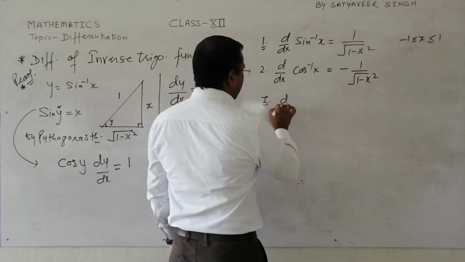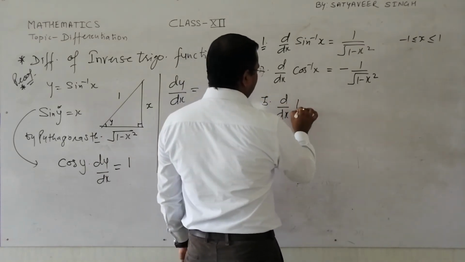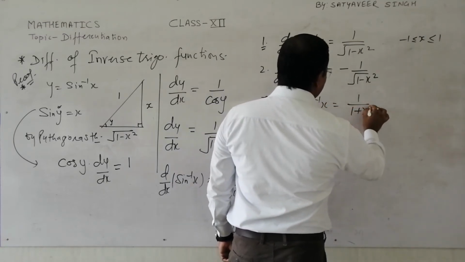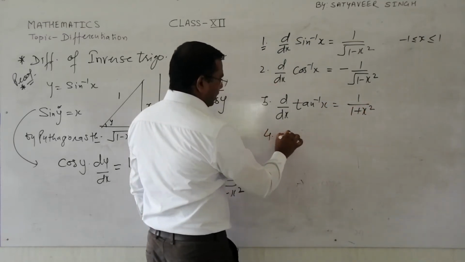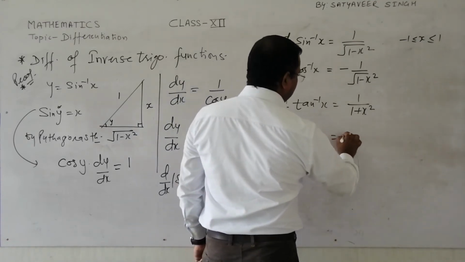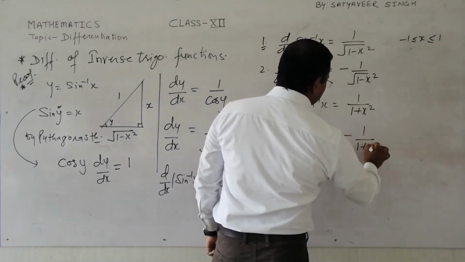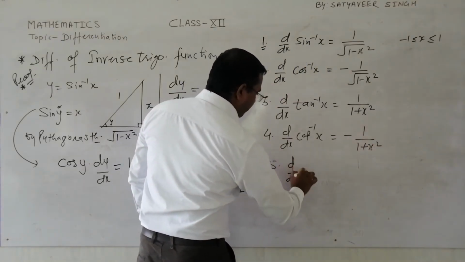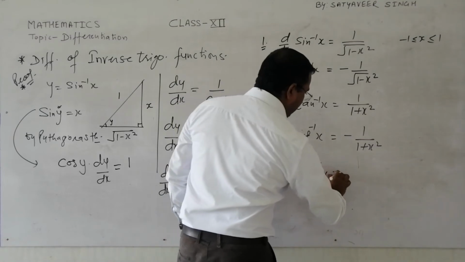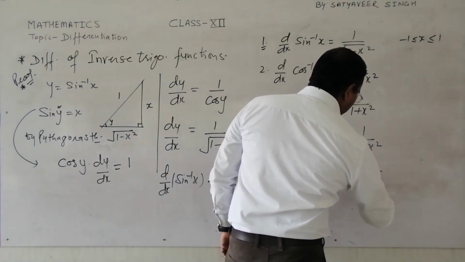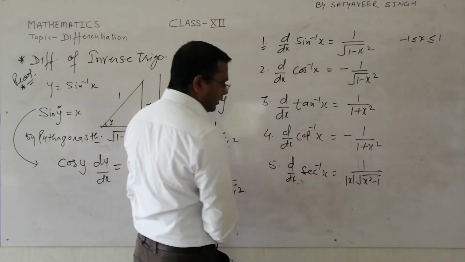And similarly, what is the derivative of tan inverse x? It is 1 upon 1 plus x square. What is the derivative of cot inverse x? This is minus 1 upon 1 plus x square. And the derivative of sec inverse x is 1 upon modulus x root x square minus 1.